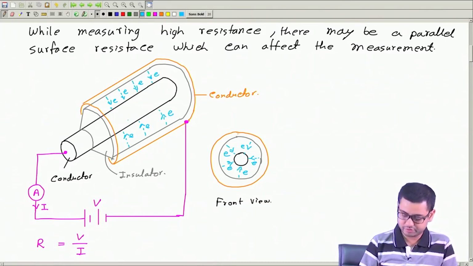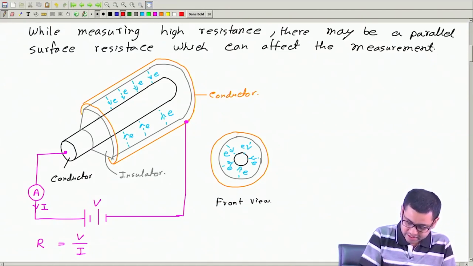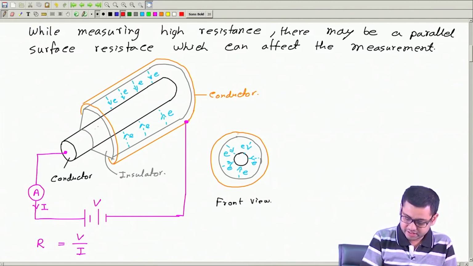This is one path for the electron to flow from the minus terminal to the plus terminal. But there is another path, which is only through this surface or boundary of this insulator.